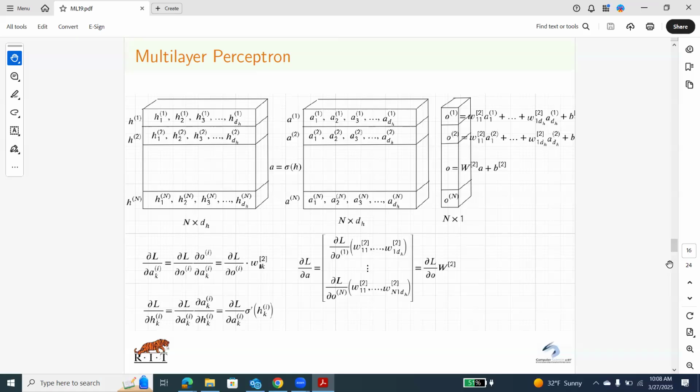So the derivative of our loss function with respect to just one number from this matrix of A's will be multiplication by the weight from our matrix W2.